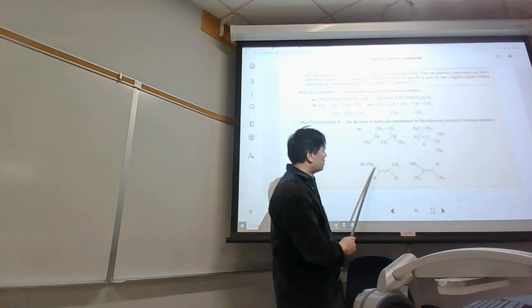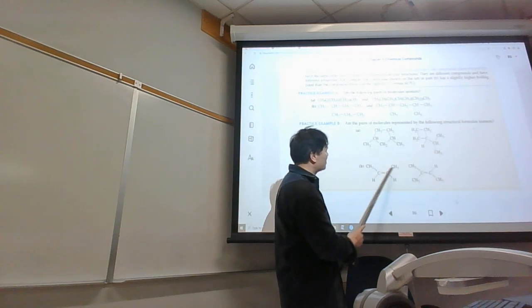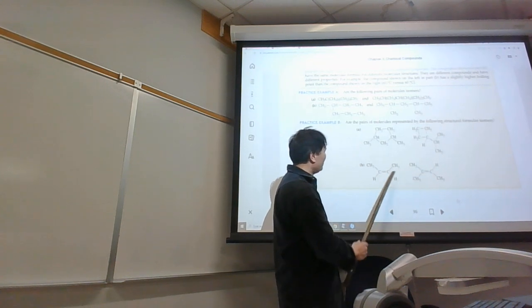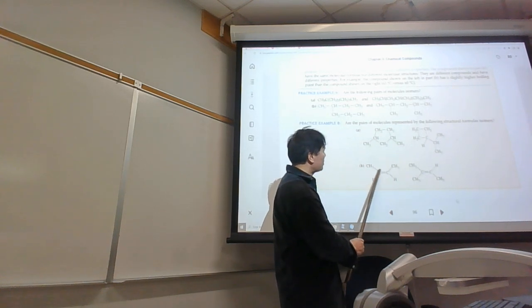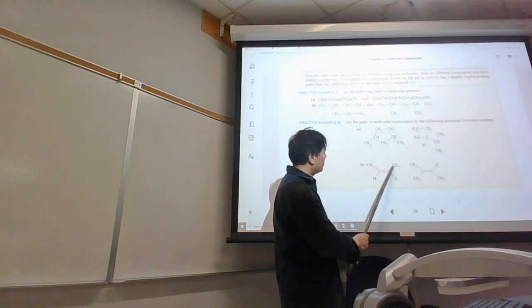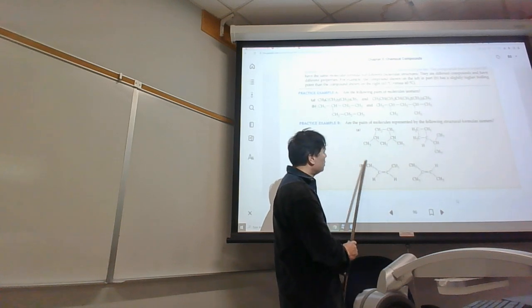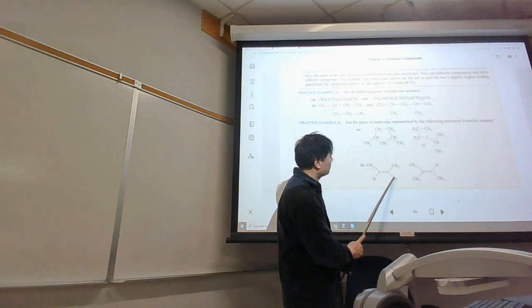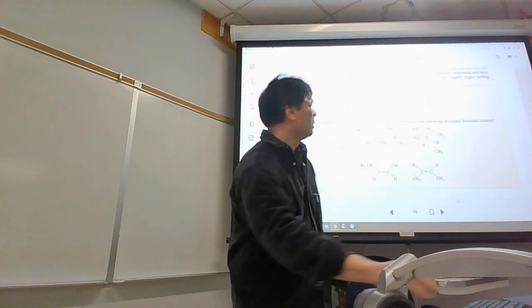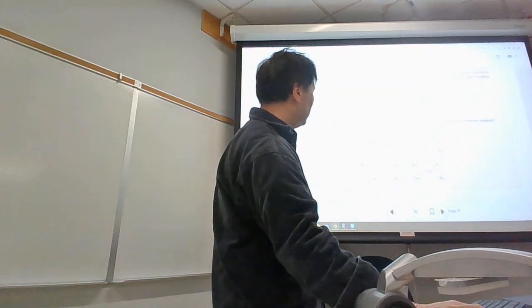Now, these are not isomers here, but this is what we call cis-butene. Cis is on the same side, the two carbons. Trans would have them on opposite sides here. And so we have those types of things.